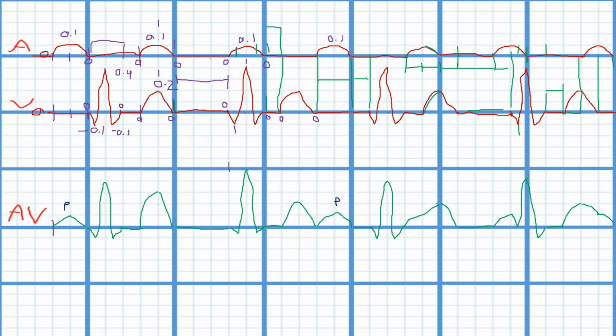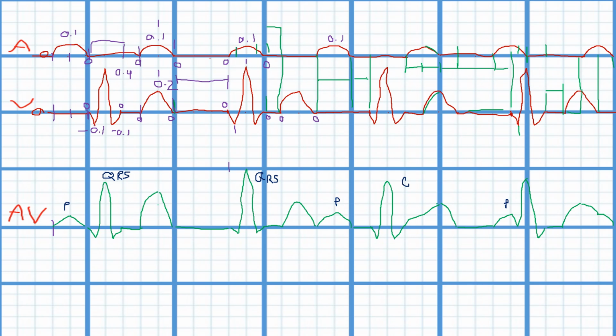Here's a P wave. Here's a P wave. All right, well, where did all my P waves go? Why am I not seeing any P waves, right? It becomes obvious, this is a QRS. You can't hide those. Those are pretty obvious. Here's a QRS. But I'm missing a lot of P waves, aren't I?